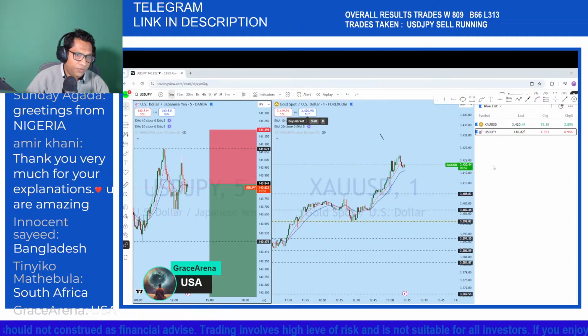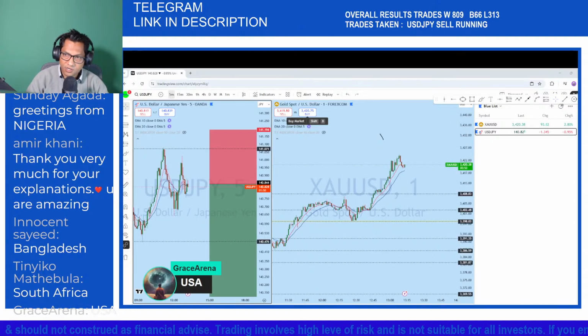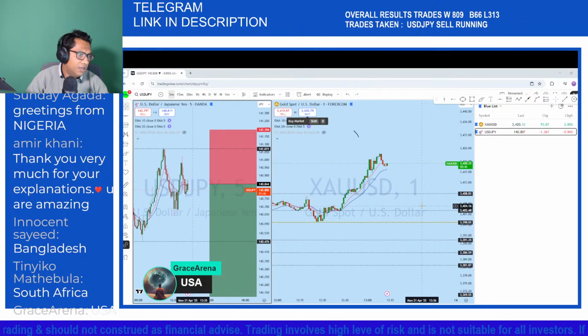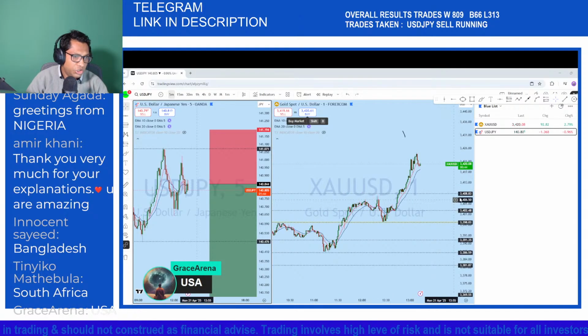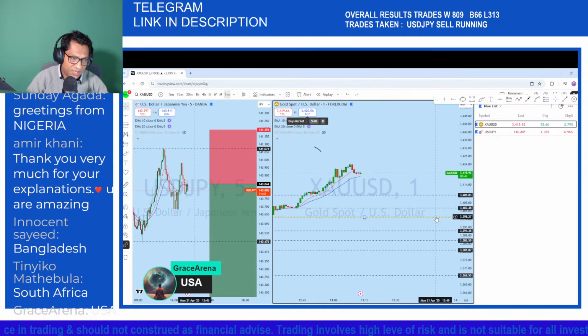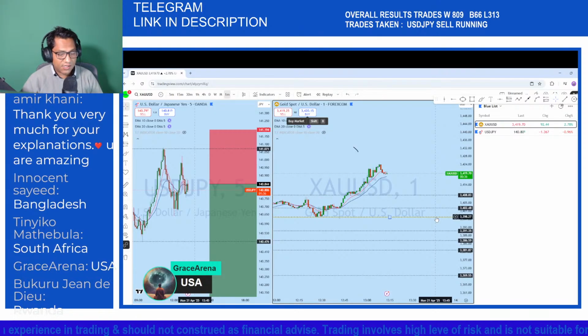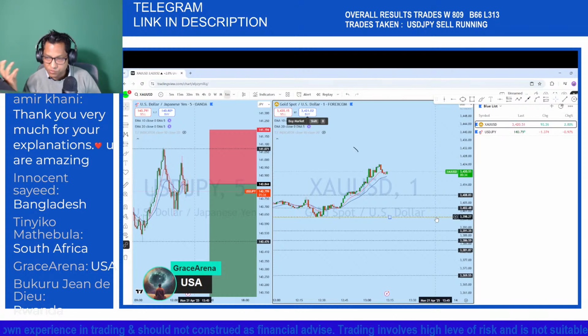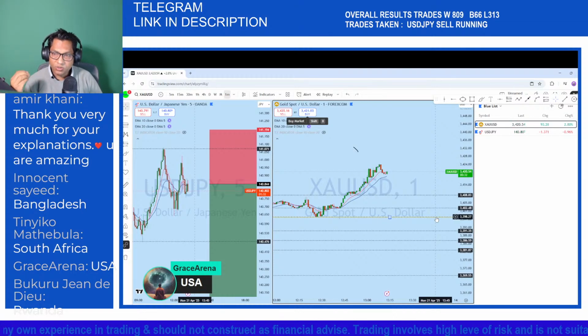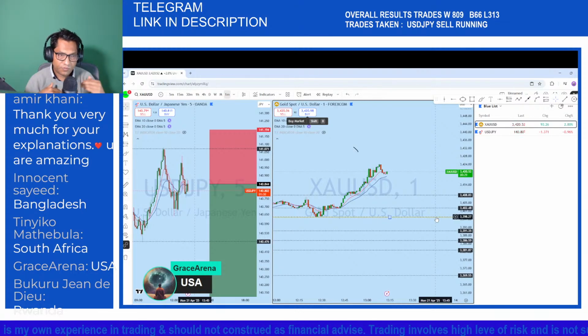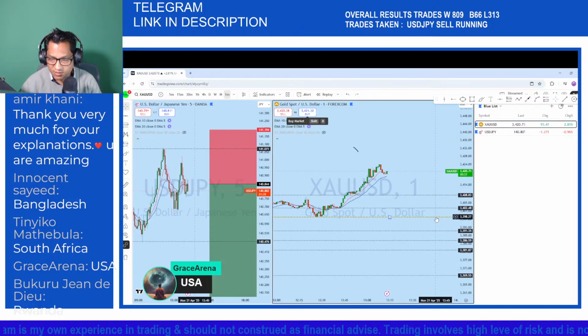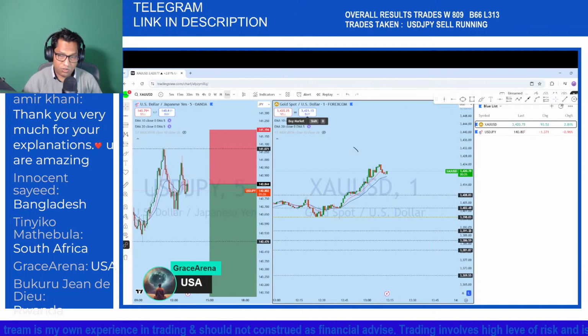So if you have looked at yesterday's analysis on gold, this is what we discussed, that the market would potentially trend to the upside. And once the analysis as well as the market moves in the same direction, that's what fuses together for that direction, and that's where we look for entry.